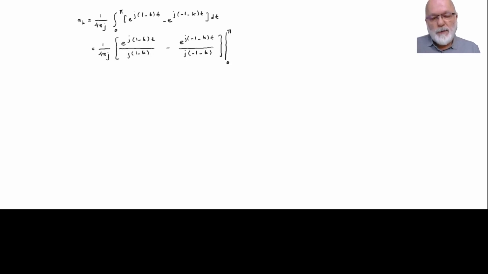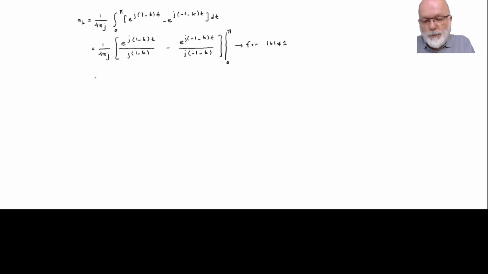Therefore, we write this expression for those k different from plus 1 or minus 1. So for k different from plus 1 or minus 1, we can evaluate the ak from this expression, and we are going to calculate the case k equal to 1 or k equal to minus 1 separately.